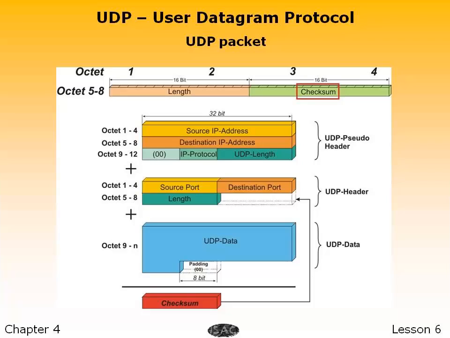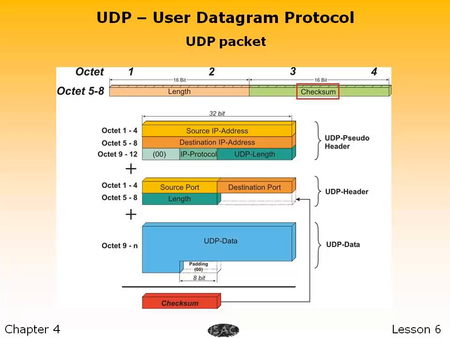UDP applications use datagram sockets to establish host-to-host communications. An application binds a socket to its endpoint of data transmission, which is a combination of an IP address and a service port.